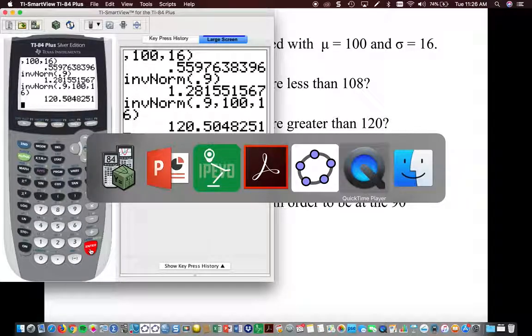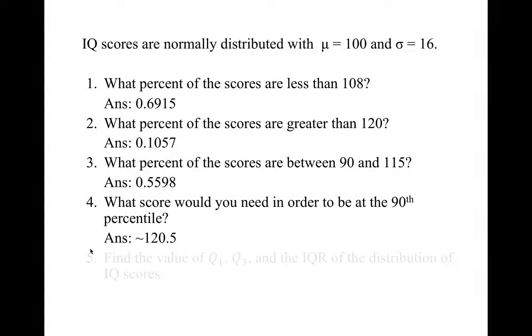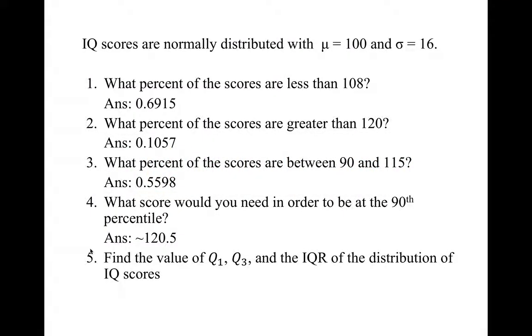Okay, so let's go back to here again, and let's find the IQR of the distribution of IQ scores. All right, so this is going to be a problem very much like number 4, except now we're going to be looking for the 25th percentile and the 75th percentile, and then subtract them. All right, so let me give you a minute to find those.